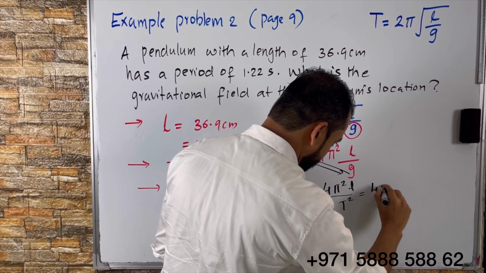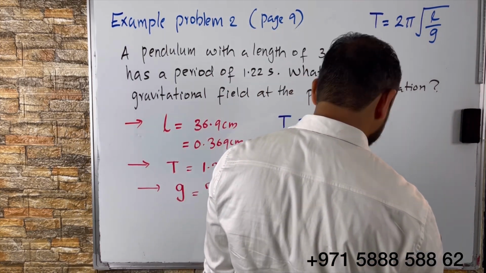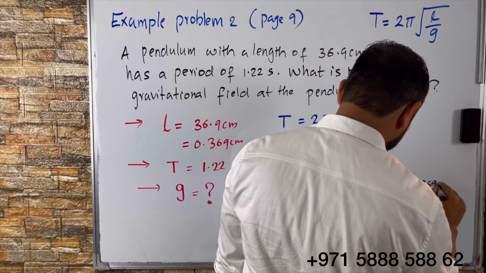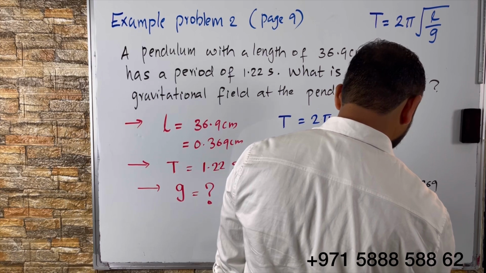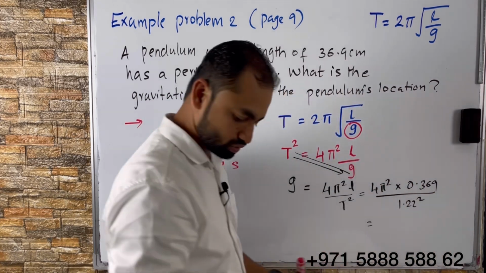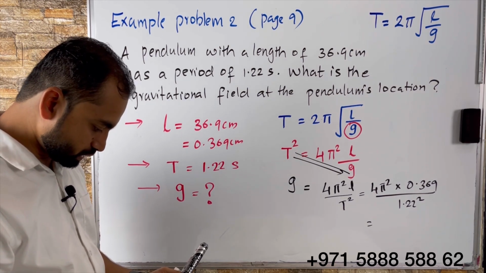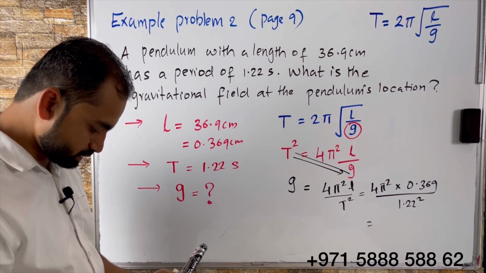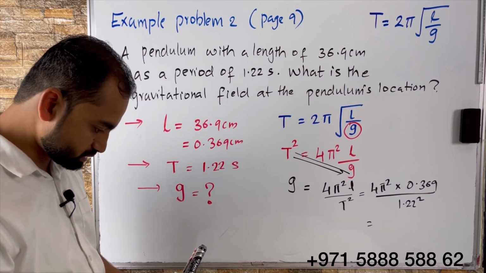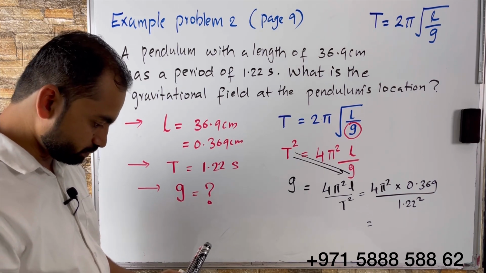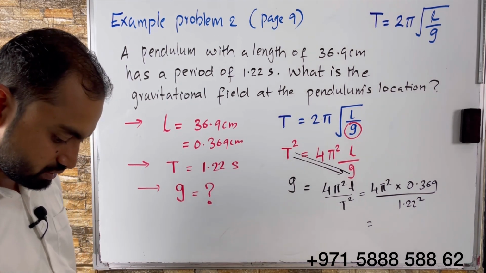So 4 pi squared multiplied by L, how much? 0.369, right? 0.369, correct, divided by T squared. T is 1.22. So 1.22 squared, use your calculator. 4 multiplied by pi squared multiplied by 0.369 over 1.22 squared, which equals 9.787.